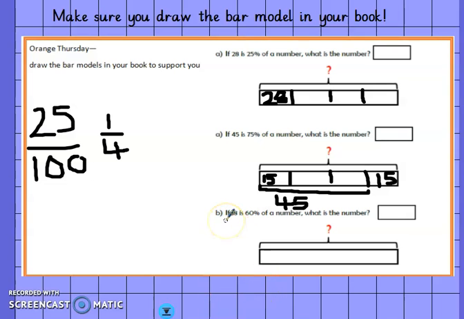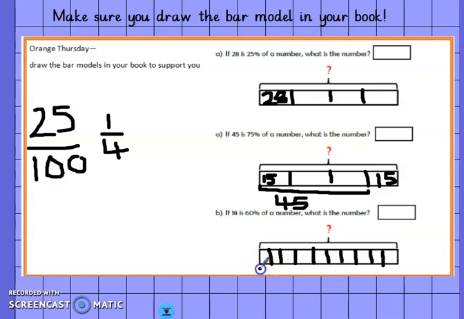Again, it says for B, if 18 is 60% of a number, what is the number in total? So we've been given 60%, so why don't we split our bar model into 10? If it says it's 60% of a number, then how many blocks of 10 am I going to be putting a line under?